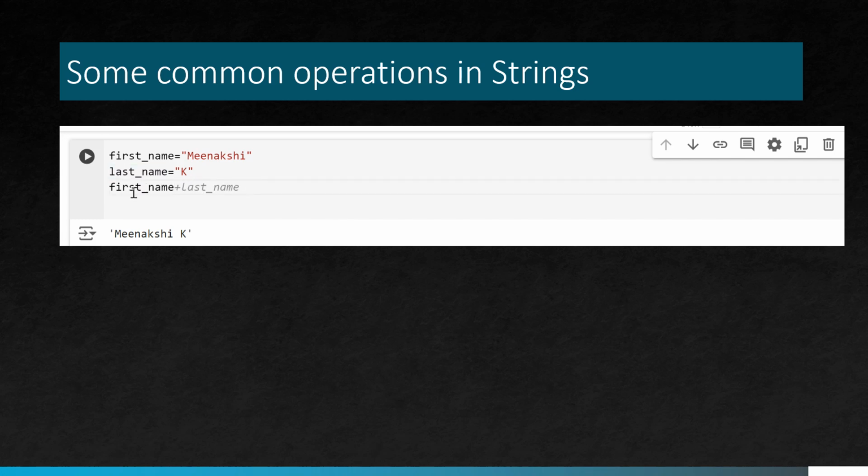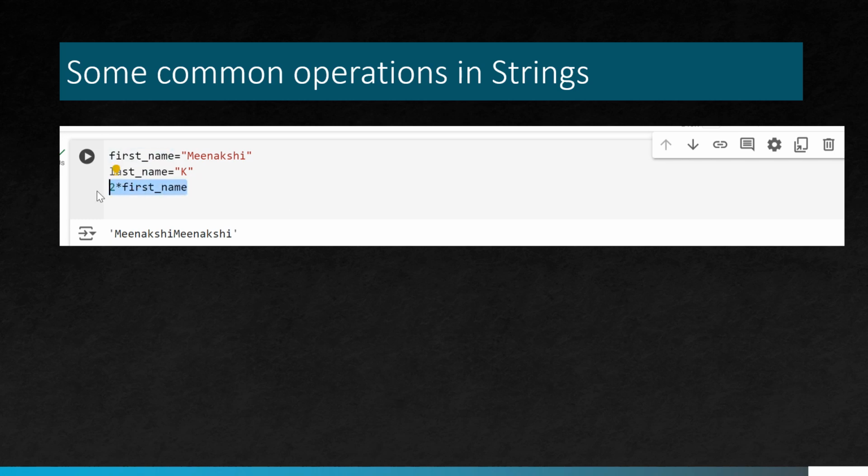If I give 2 into the first name, I'll get 2 times Meenakshi, Meenakshi and again Meenakshi. This is a multiplication operation. Is that clear? First one concatenation, second one multiplication. If you want to replicate the same set of characters n number of times, you can use the multiplication operation.